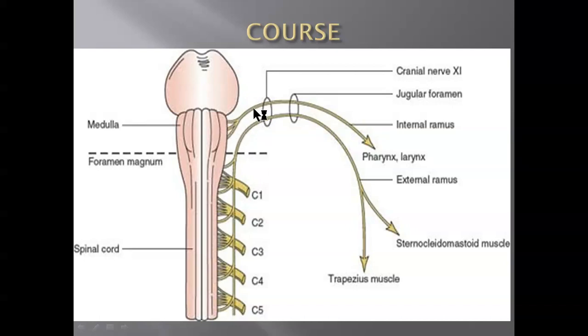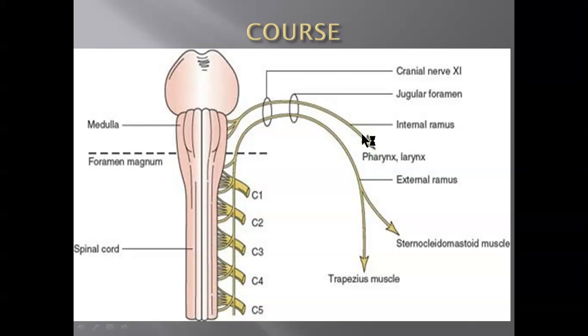So here we can see the cranial root and the spinal root getting inside your jugular foramen. They both get united as one accessory nerve, and after exiting the jugular foramen, they form two branches. One is your internal branch, the internal ramus, and the other is your external branch, the external ramus.